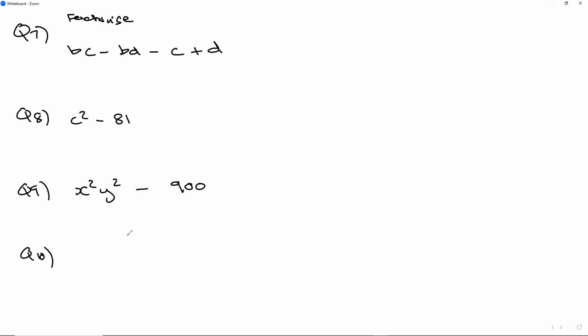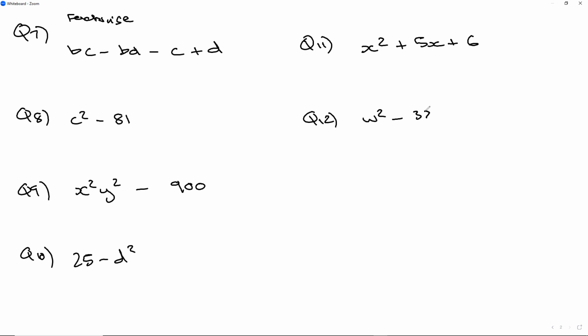Question 10: 25 minus D squared. Question 11: X squared plus 5x plus 6. Question 12: W squared minus 32W plus 240. Okay, here we go.